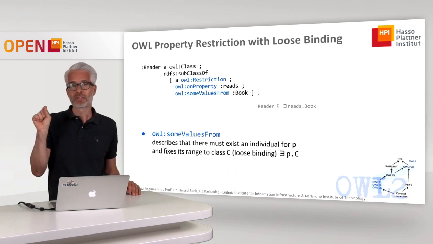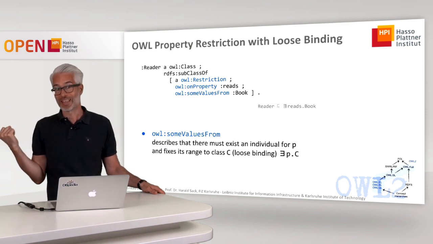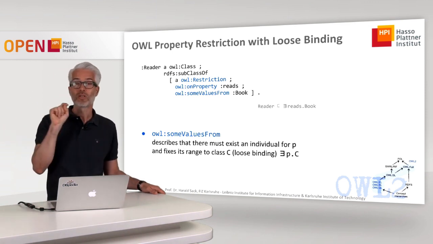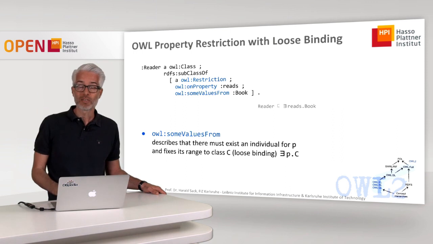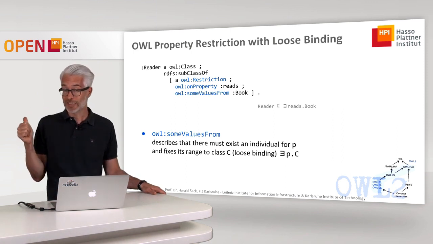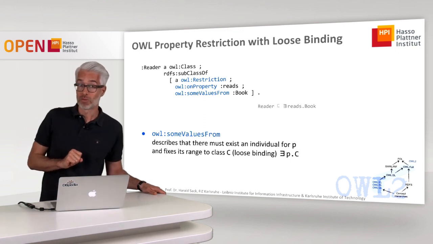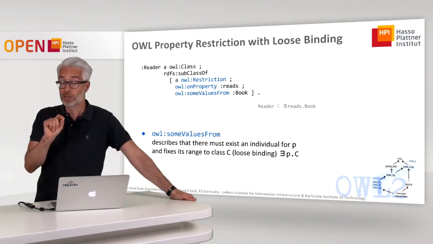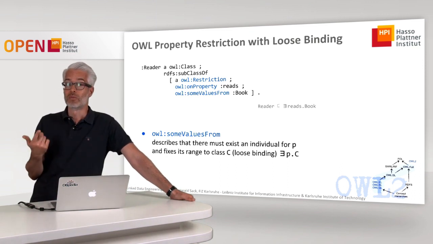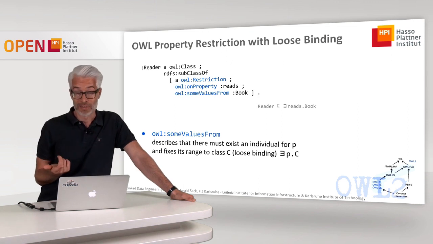But the interesting thing is a reader can also be somebody who reads besides books other things. And this would not be possible in our strict binding that we had before. In the strict binding, there is only one class allowed that is fixed here in this property restriction. In a loose restriction, a reader can read books, but can read also other things.